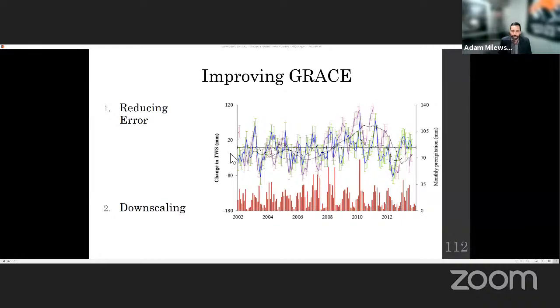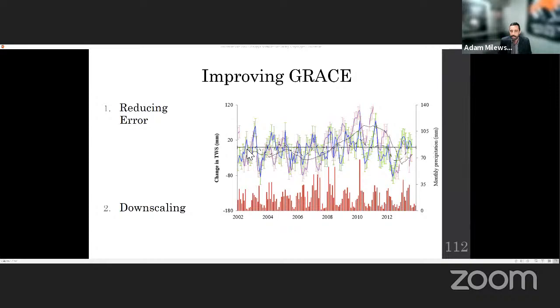We need to do what we call an ensemble approach. We need to compare. This is what this graph is trying to show you: the different colors represent GRACE and hydrologic models, groundwater data, and land surface models. We're really trying to compare our results and put them into context with other models.